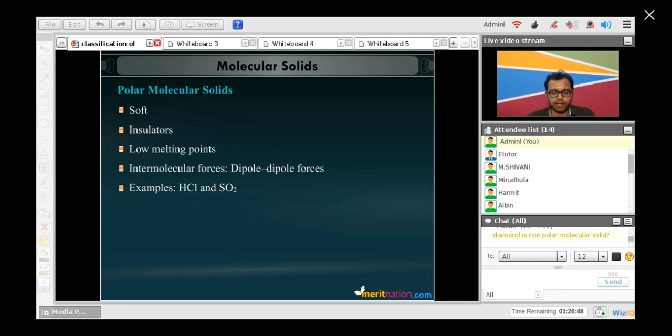Right? So whenever there is some dipole moment between the molecules, and you convert that molecule into the solid form, then that solid will be a polar molecular solid. Right? If polar, non-polar and hydrogen bonded solids are insulators, then molecular solids are insulators.